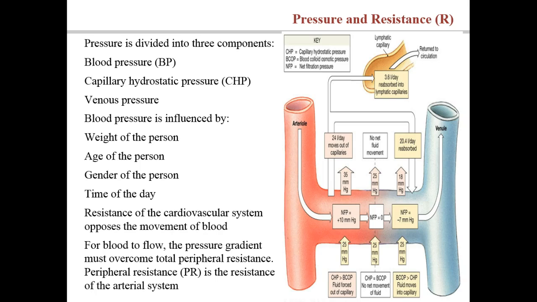This is all based on how much pressure you have coming out of the heart and making sure that total peripheral resistance is enough, that the pressure gradient, so the amount coming out, is enough to overcome the total peripheral resistance.